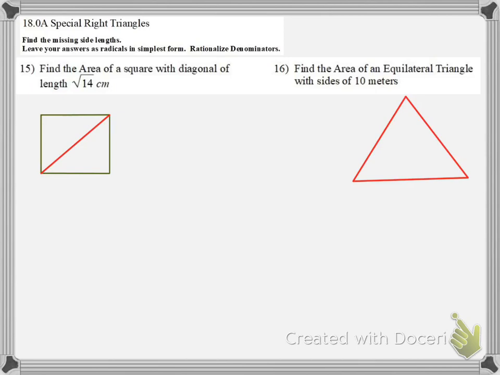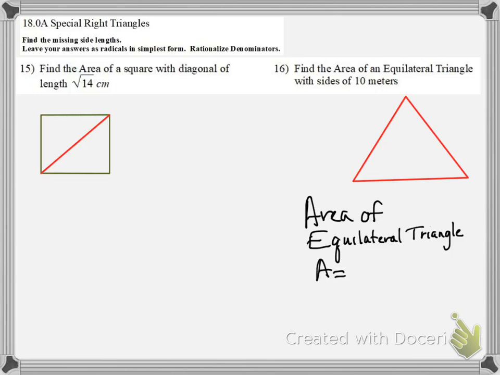You may remember from our notes, in our notes we figured out the area of an equilateral triangle was the side squared root 3 over 4.